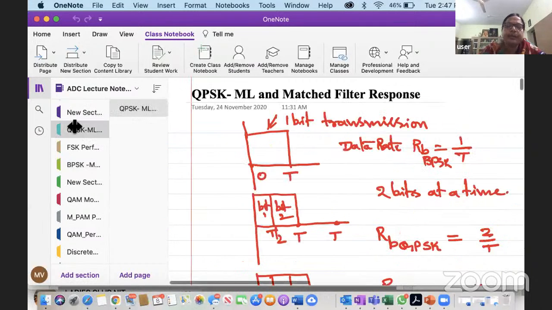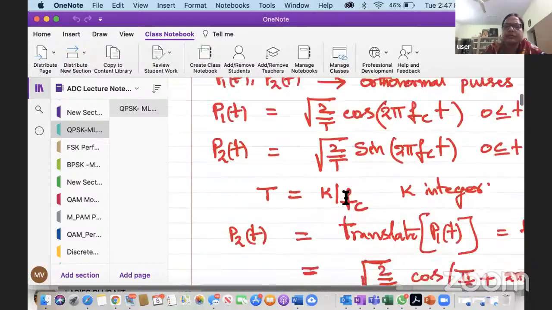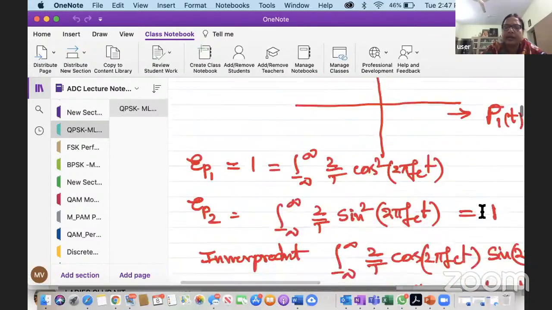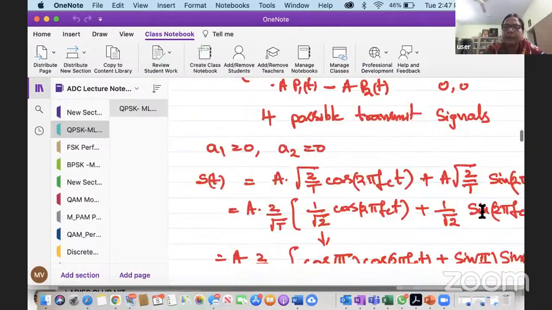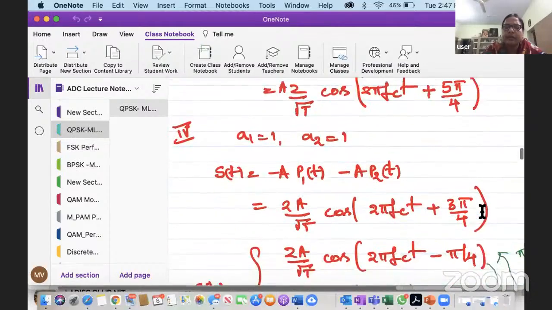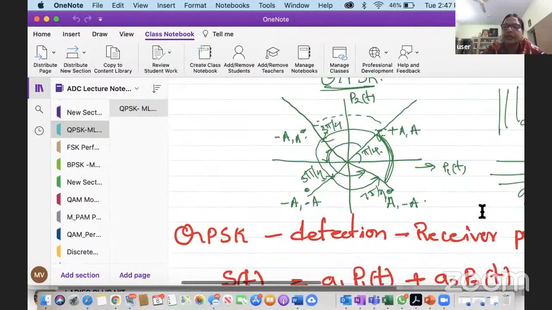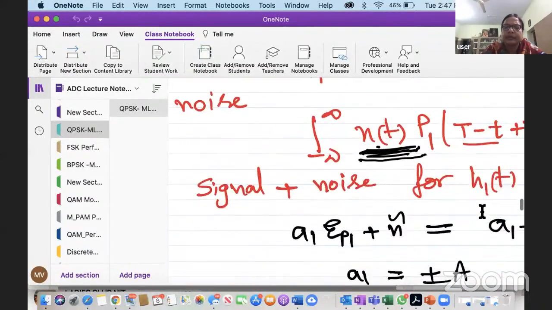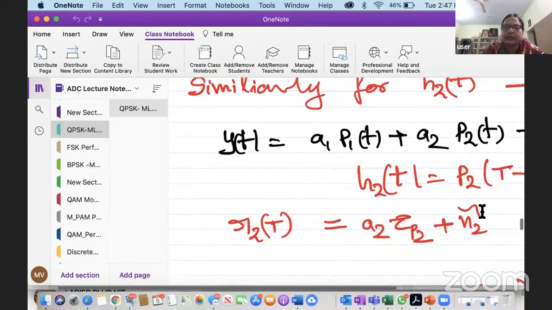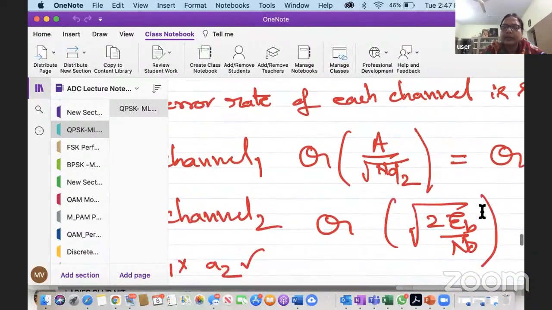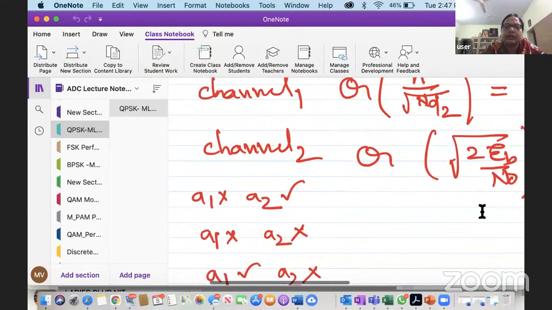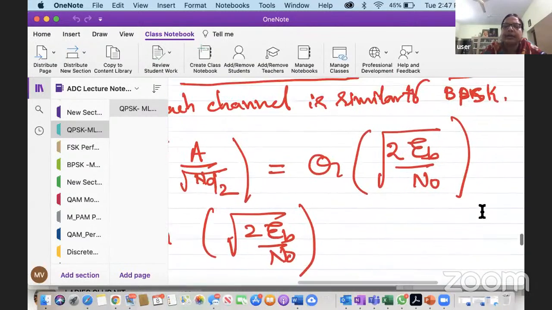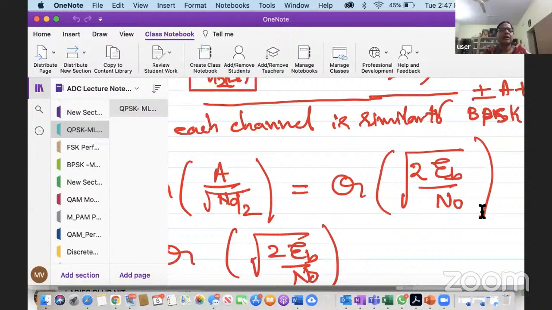Similarly, I can show you how we derived it for the QPSK scheme. It is a very lengthy process. For channel 1 and channel 2, finally we derived the QPSK bit error rate as 2 times Q of root 2 times EB by N naught.